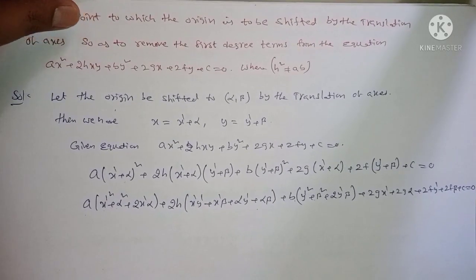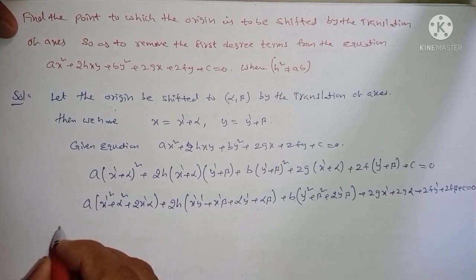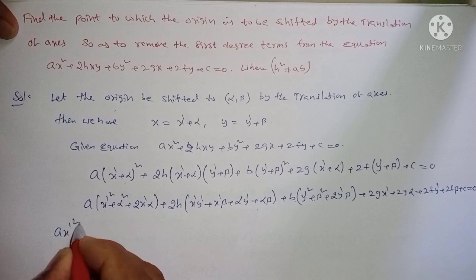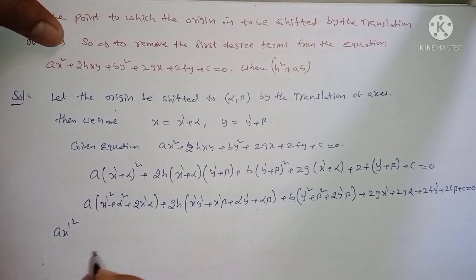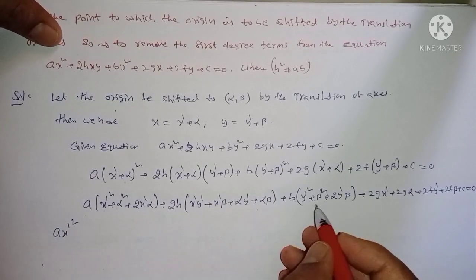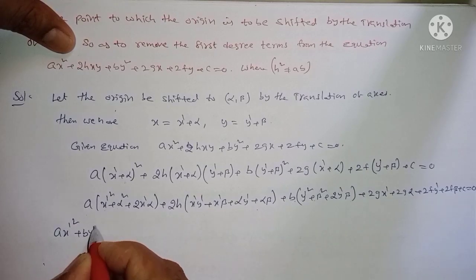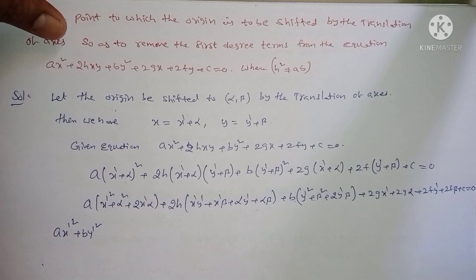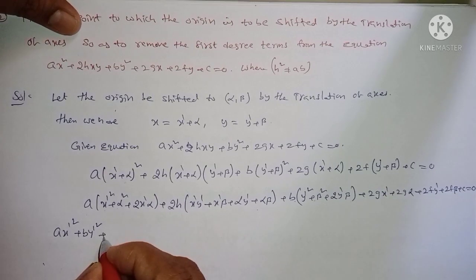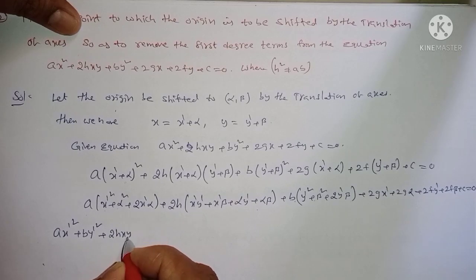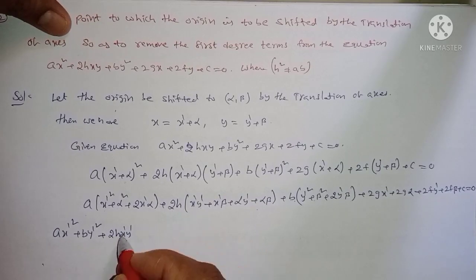Next, I can write here the first term: a x dash whole square, and b y dash whole square, and next 2h x dash y dash, this is x dash and y dash.